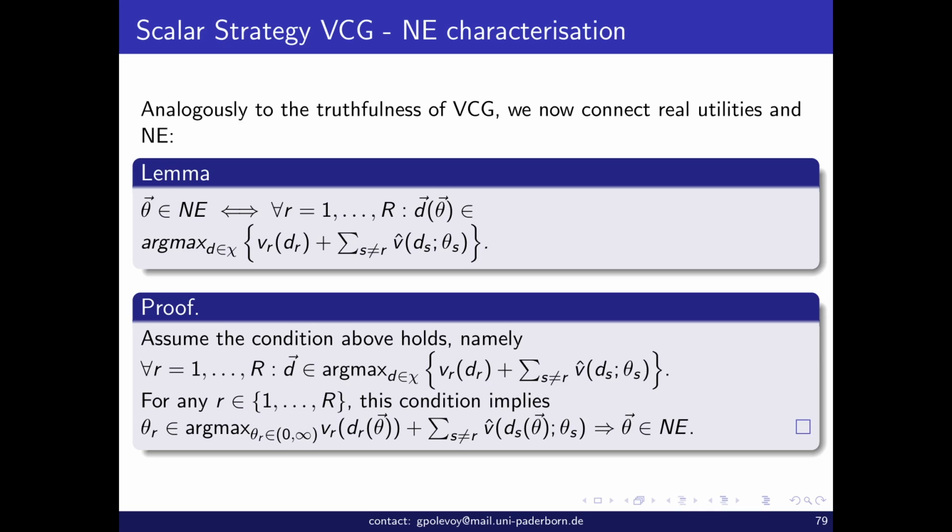The allocation which results from theta is maximizing the following expression: the actual value that the player has plus the sum of the values of the others according to what they tell. So that's actually quite a simple thing to connect your value and what the others tell.